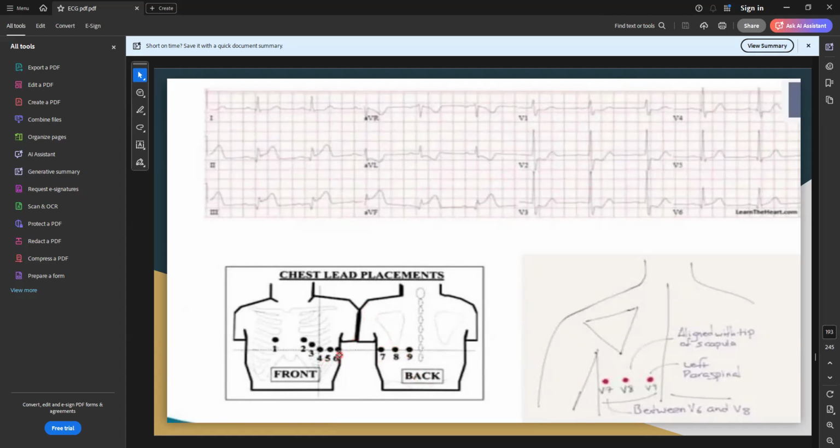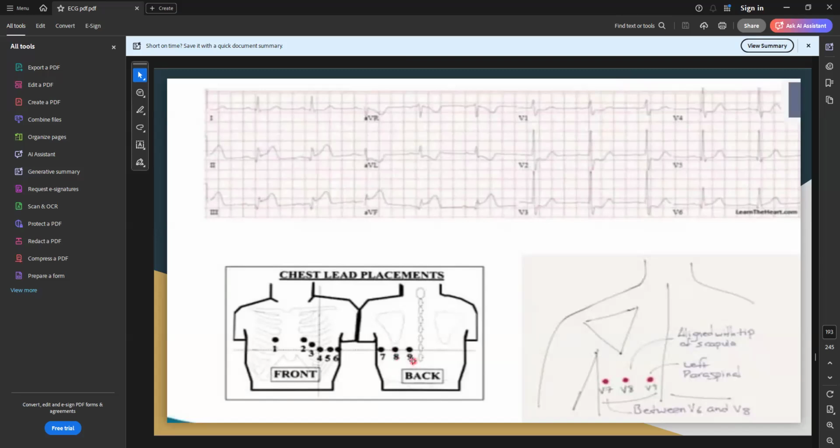Lead 6, you all know, is in the 5th intercostal space in the mid-axillary line. Lead 8 is at the tip of the scapula in the 5th intercostal space. So the lead 7 electrode you have to place between lead V6 and lead V8, that is the electrode at the tip of the scapula.